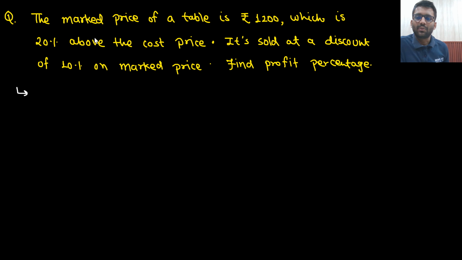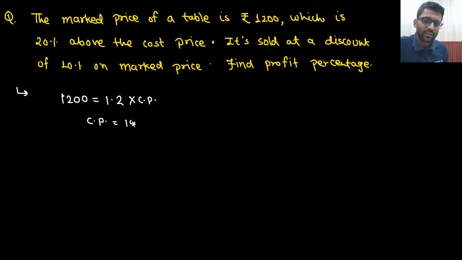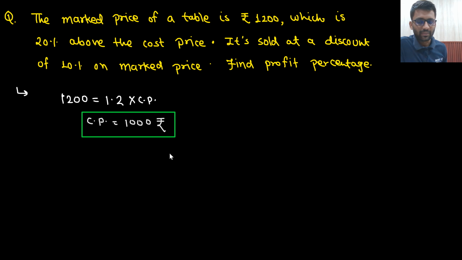So the marked price of the table is 1200 rupees, which is 20% more than the cost price. So what was the cost price? 1000 rupees. Basically you purchased it for 1000 rupees, and cost price means purchasing price. You marked the price to be 1200.